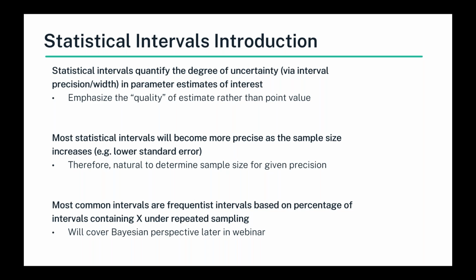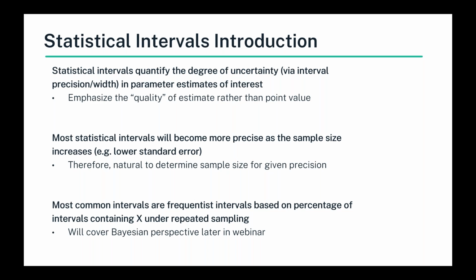This parameter of interest could be something like a mean, a proportion, an effect size, or a nuisance parameter like a standard deviation. And instead of simply using a point estimate for this parameter, we also want an indication of the precision or the quality of the estimate by specifying likely upper and lower bounds. How likely? Well, that's something we'll talk about in a moment.